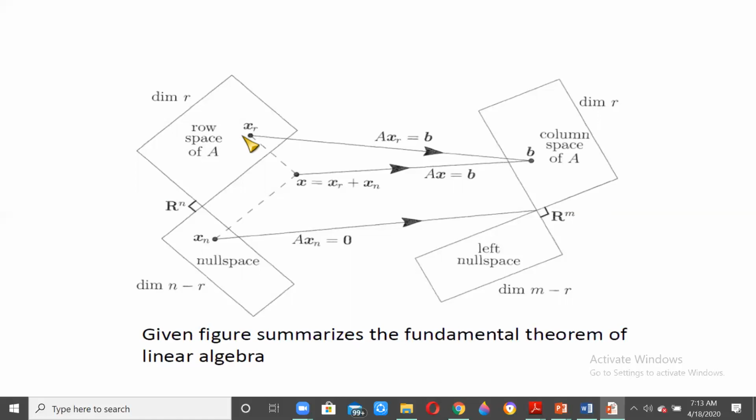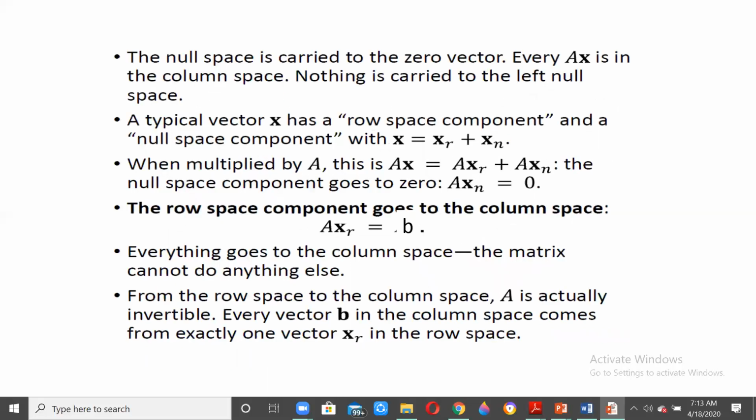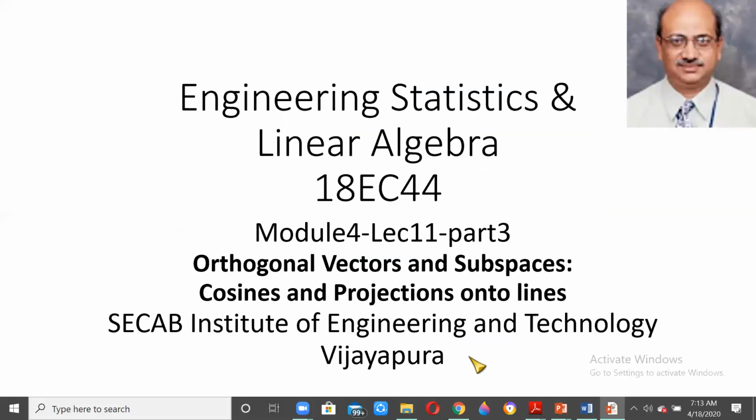One point in the row space is mapped to b, and one point in b is mapped to the row space, and vice versa. So that is why we say that it is invertible. Every vector b in the column space comes from exactly one vector xr in the row space. So with this, we come to the end of this particular lecture, part 3.